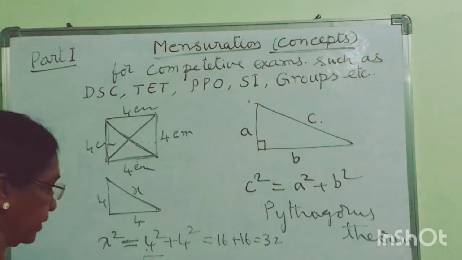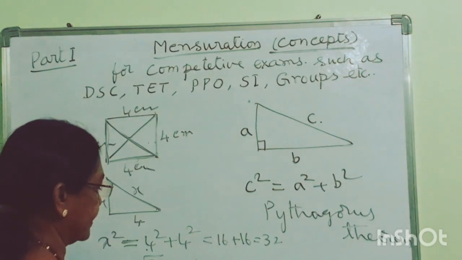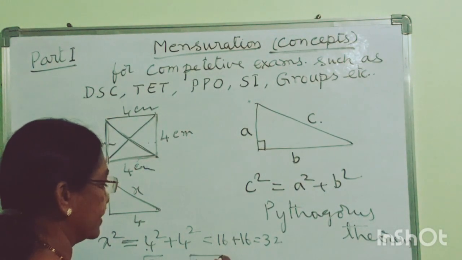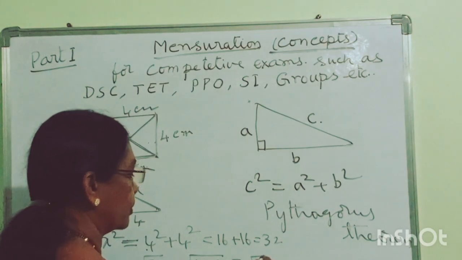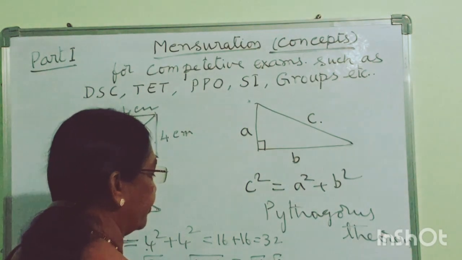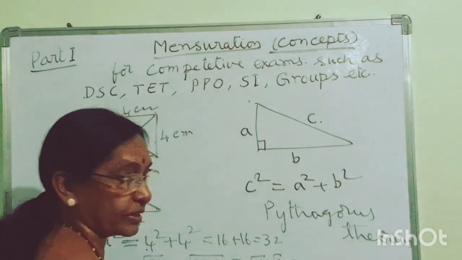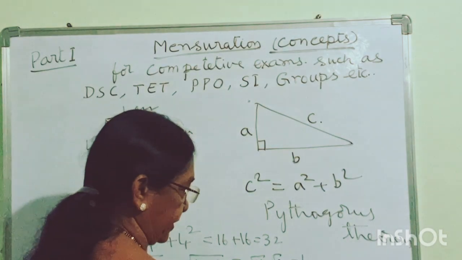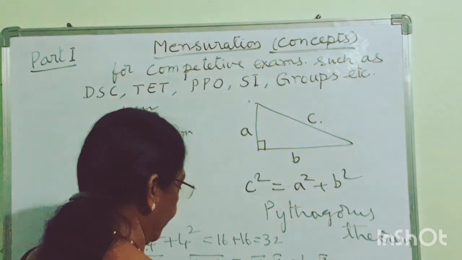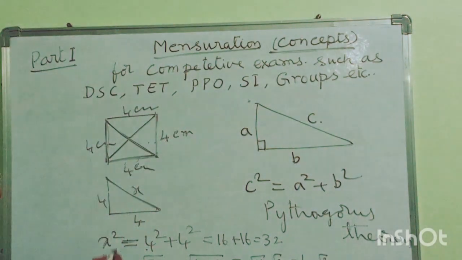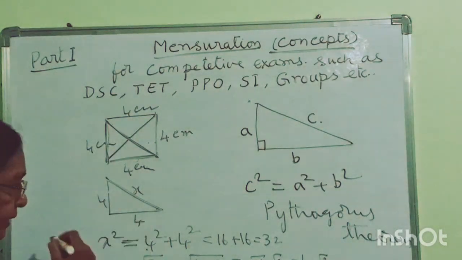This can be written as square root of 16 into 2, that is equal to square root of 16 into square root of 2. Square root of 16 is 4, since 4 fours are 16. So 4 root 2, that is x, the diagonal.